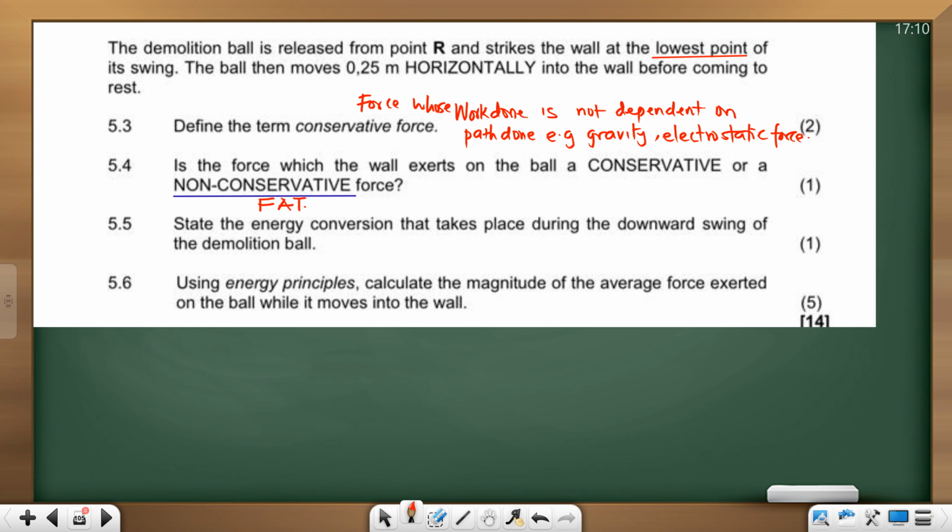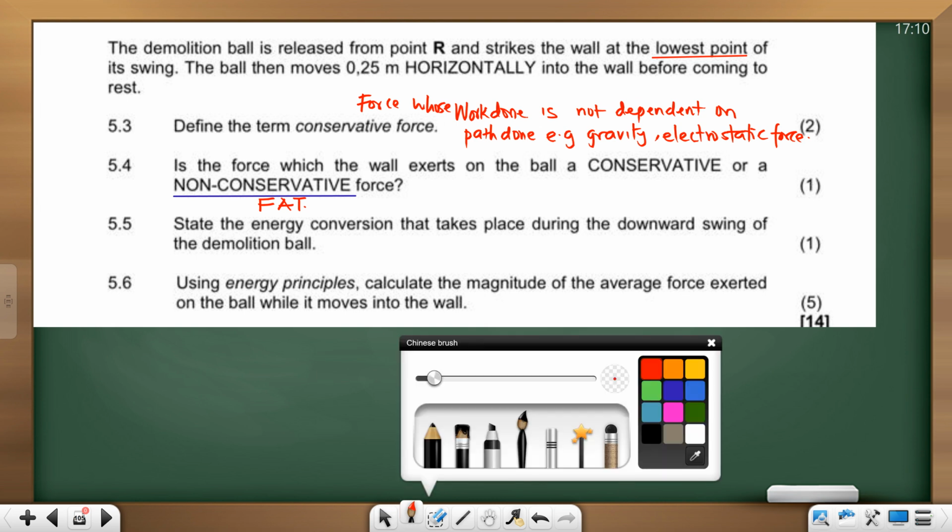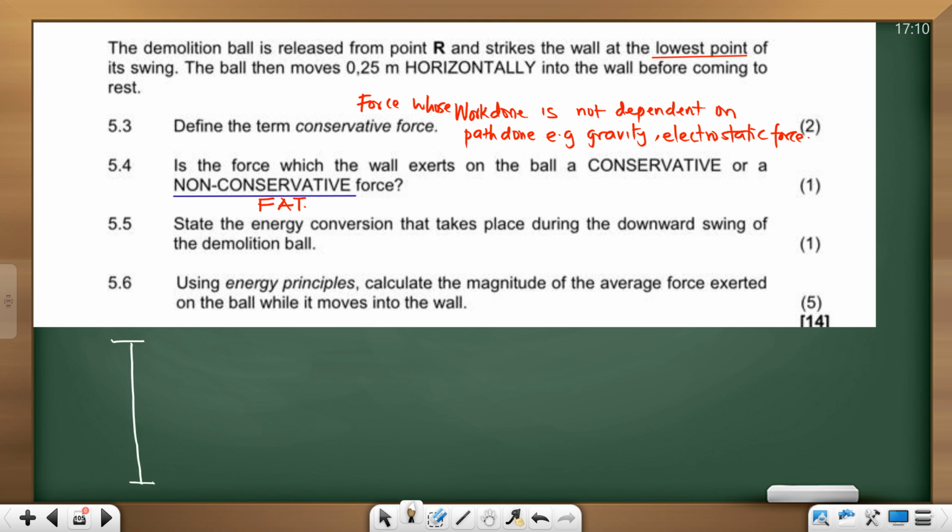All right. State the energy conversion that takes place during the downward swing. This is grade 10. Let's quickly explain. We are saying EMEC is conserved because it's an isolated system. But at the top, kinetic energy is 0, potential energy is maximum. At the bottom, kinetic energy is maximum and potential energy is 0.